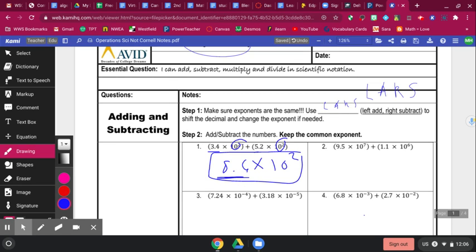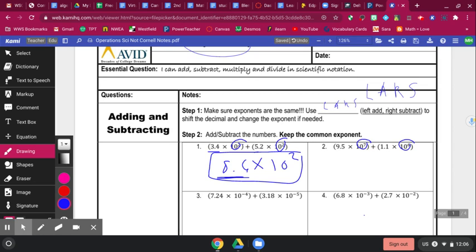Number two, we are going to have to change one of these exponents so that they are the same. If I like to change one, I like to move one up to make it the same, and try to be consistent.